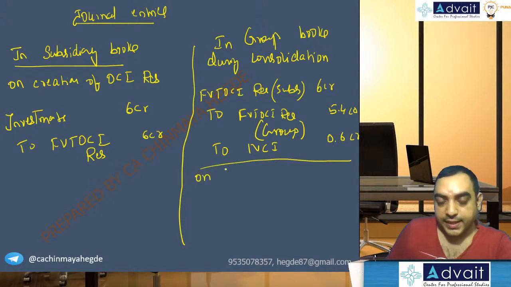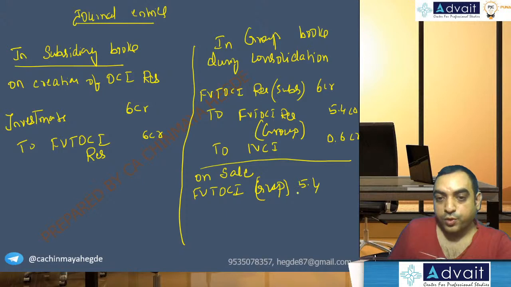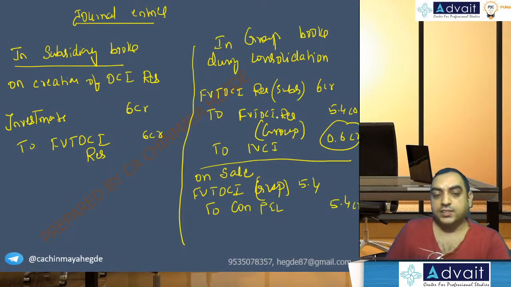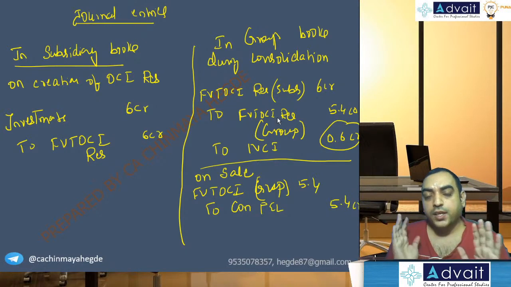Now on sale, FVT OCI of group, 5.4 crores, will be transferred to ConPL, that is group P&L, 5.4 crores. Now NCI is anyway derecognized, so you don't have to worry about it.